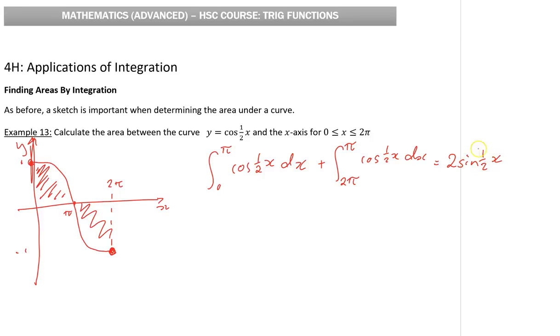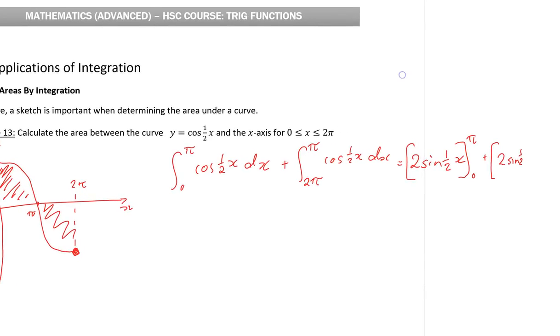You can confirm that: differentiate that, half times 2 is 1, and I get cos of half x. All good? I get this one from 0 to pi, plus the same thing again, 2 sine half x, this time from 2 pi to pi.